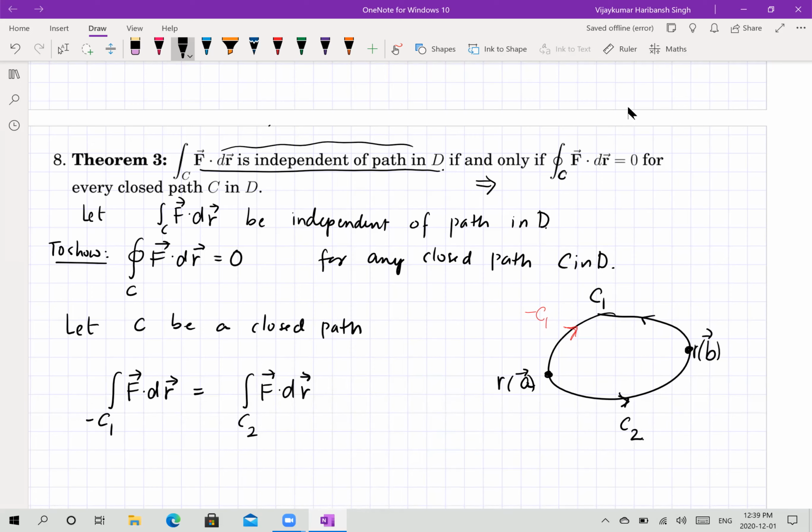Why is that? Since they join the same points, with r(A) as the initial and r(B) as the terminal point.